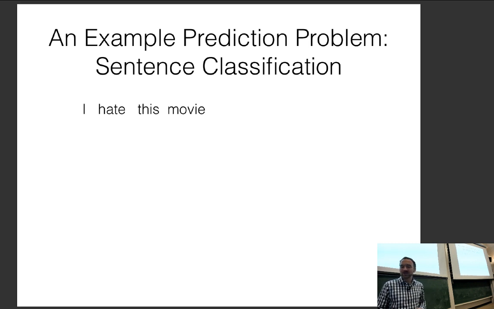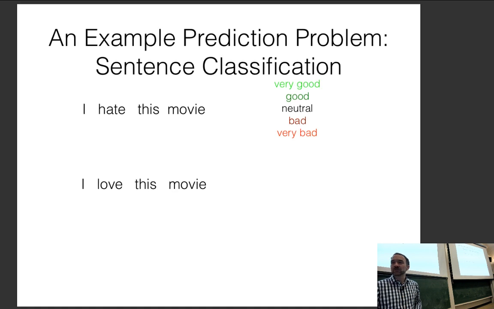For example, if we have "I hate this movie" and "I love this movie," we have 5 classes: very good, good, neutral, bad, very bad. So this first example, what do you think the first one is?